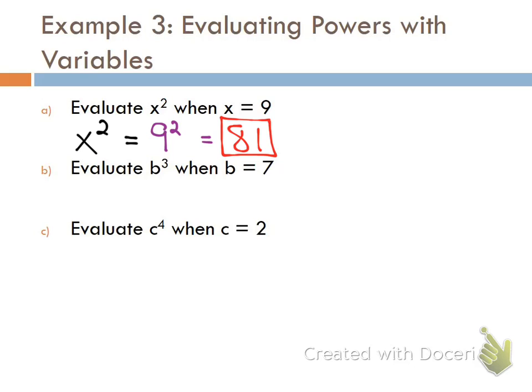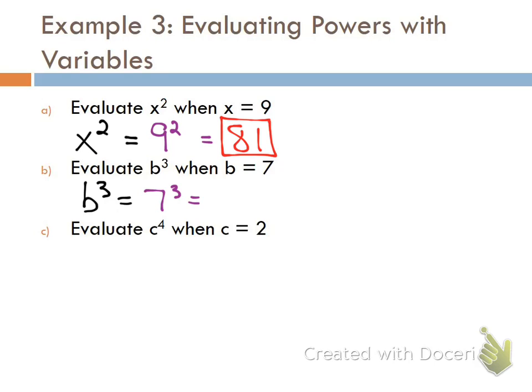All right, I want you to do the next two on your own. Evaluate b to the third when b is 7, and c to the fourth when c is 2. All right, so original expression, b to the third, make our substitution. It's going to be 7 to the third, and what's our answer? Whoa, 7 to the third? 21.